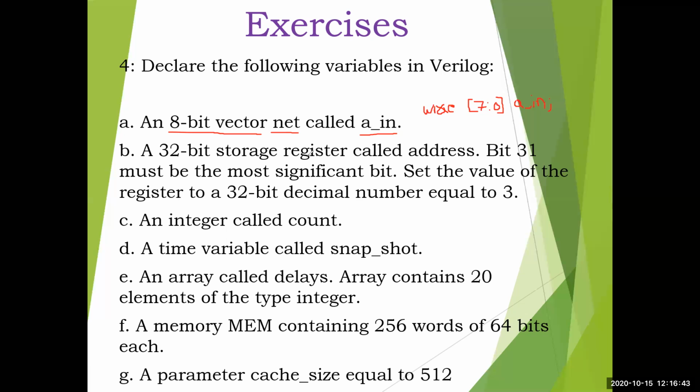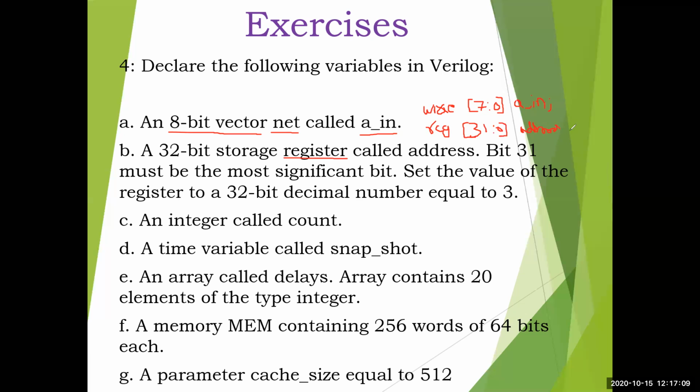It is a 32-bit storage register, so reg is the keyword you have to use. The name is given, address, and 32-bit. 31 is the most significant bit, meaning it is a vector, so 31 to 0. The name is address.